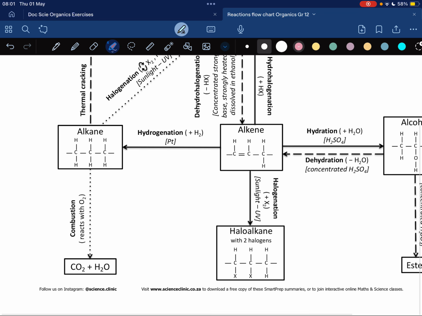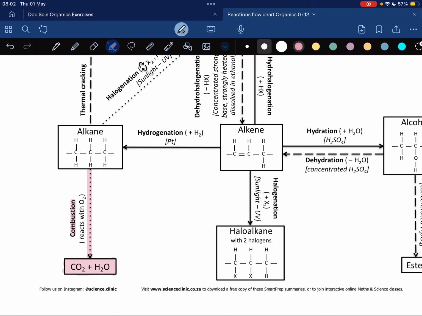So this particular reaction is a combustion reaction, which is also a substitution reaction, and you can see that CO2 and H2O is always what is going to be produced. So regardless of what reacts, in this case it's an alkane, but it will always form that water and carbon dioxide.